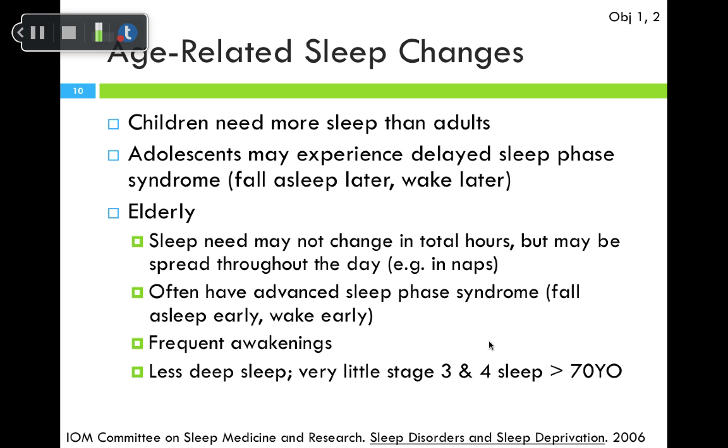There are sleep changes that happen depending on someone's point in life. Children typically need more sleep than adults. In adolescents, we may see a delayed sleep phase syndrome, meaning they're more likely to fall asleep later and wake up later.